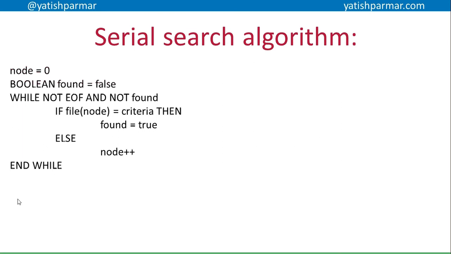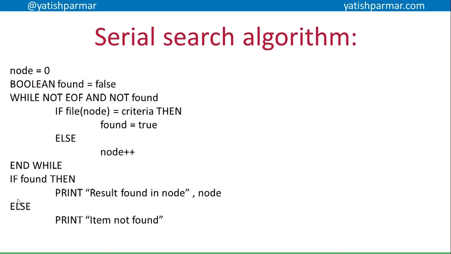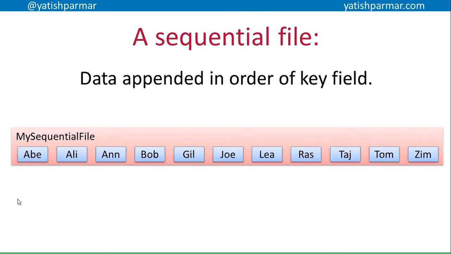So I basically search through my file and it will exit the loop if I either reach end of file or the boolean found is now set to true. Then if I found it, I can print my result out, else I'll print item not found.